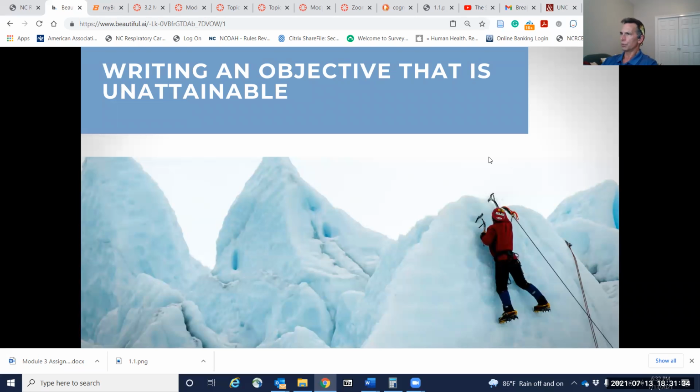It should, in other words, when you write the objective, it should first come to you. Okay, this is how I'm going to measure it from a cognitive perspective. This is how I'm going to measure it from a psychomotor perspective, and then affective domain. Now, I'll tell you, if you teach for any length of time, you'll find that the affective domain is probably the hardest one to deal with.